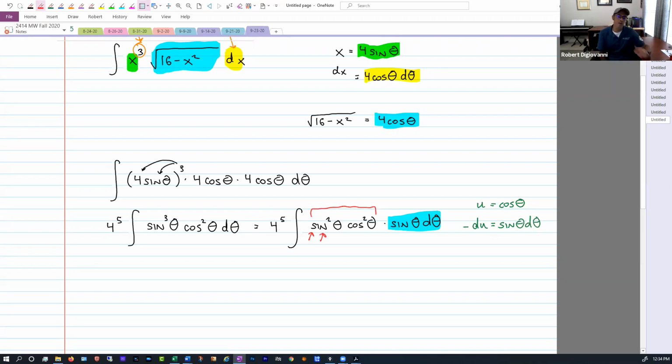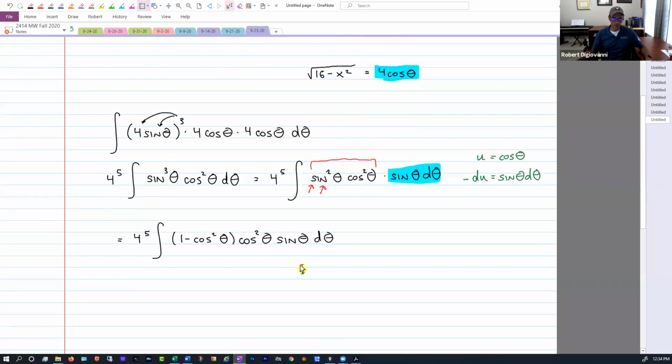But oh, sine squared is 1 minus cosine squared. Any questions? Sine squared became 1 minus cosine squared. Everything else just kind of stayed.